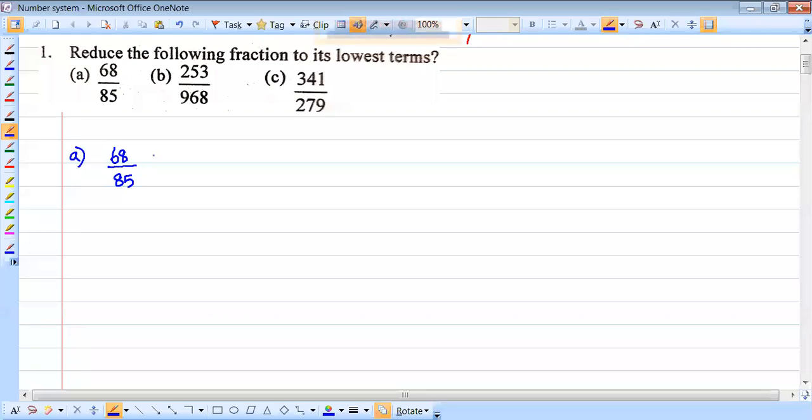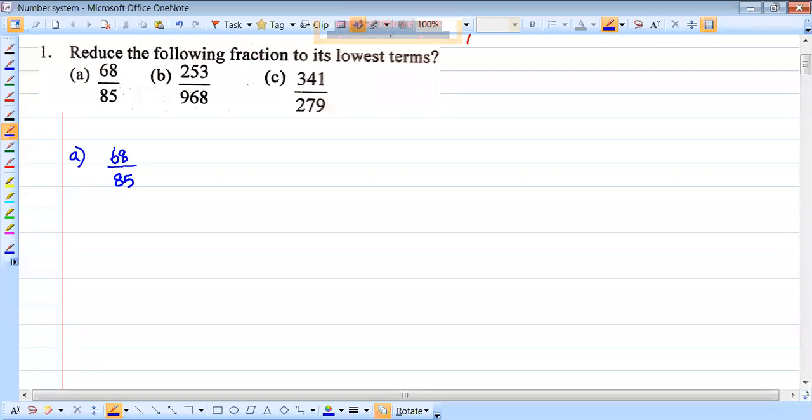So usually we will check from the 2 table. 2 table is not possible. Here it will not cancel by 2 directly. So then we will think about 3 table, whether it is cancelled by 3 table or not. 8 plus 6, 14. It is not divisible by 3 table also. And 85 also is not divisible by 3 table.